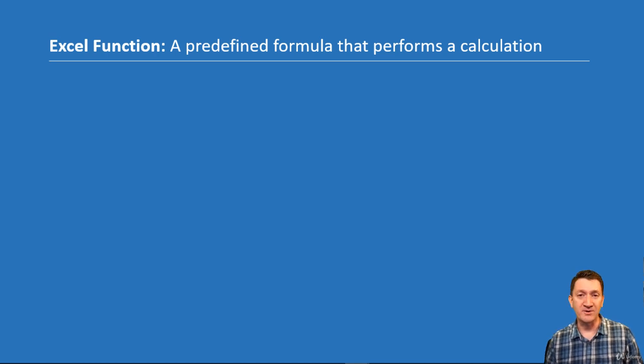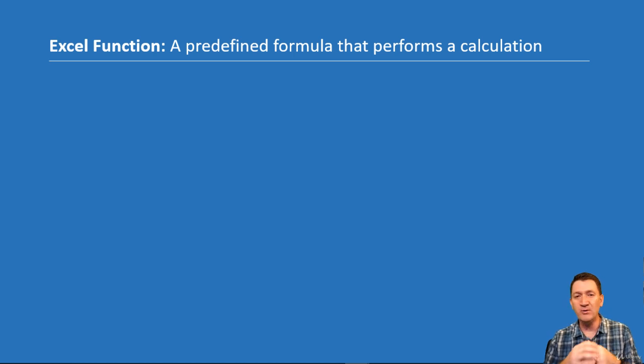First off, an Excel function. All an Excel function is, is a predefined calculation. Microsoft has built a few hundred different functions for us to use, predefined little packages that do some type of calculation, whether it's summing up a range of cells, finding an average, or looking up information based on criteria we give the application.